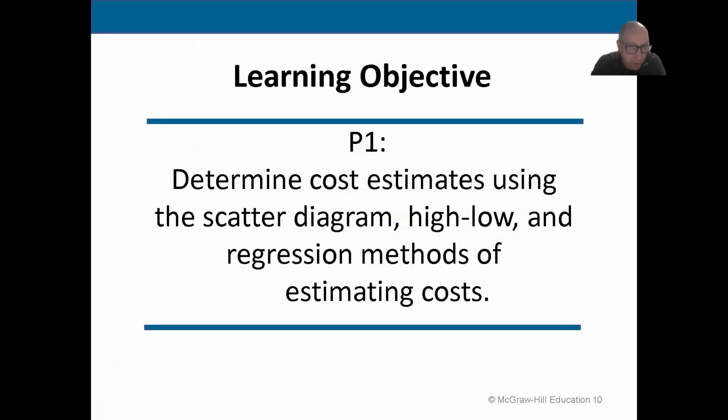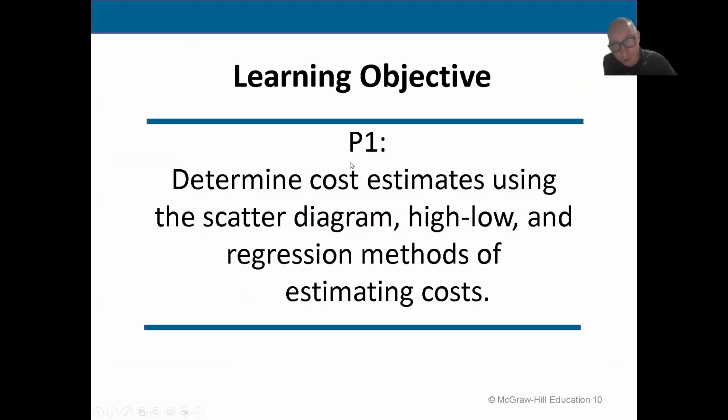In business, it's important that we are able to estimate our costs. And to do that, we might use a scatter diagram, a high-low system, linear regression, or other methods of estimating costs. I know it sounds complex.